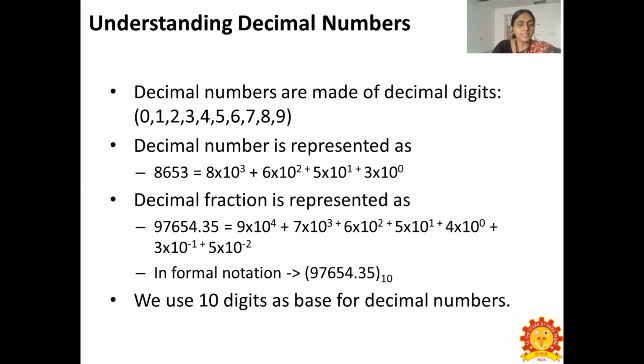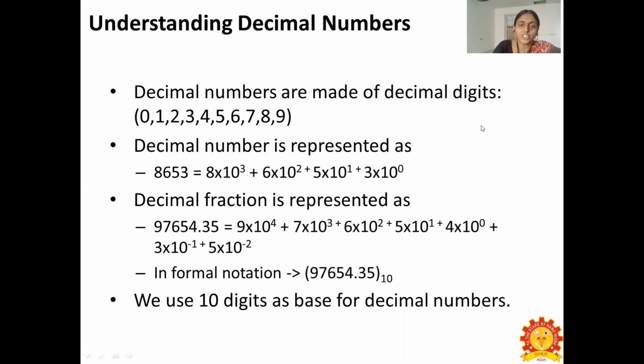That can be represented as 8 into 10 power 3 plus 6 into 10 power 2 plus 5 into 10 power 1 plus 3 into 10 power 0. So we start assigning power 0 from the least significant digit. Since we have the numbers from 0 to 9, totally 10 numbers in decimal digits, we have the base for decimal number system as 10.